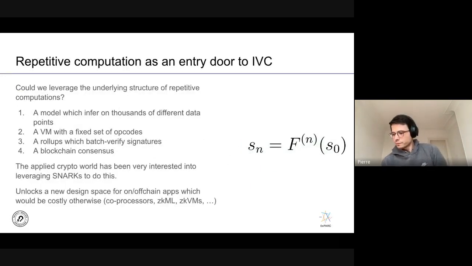Okay, so the entry door that has been taken to achieve IVC in the beginning is to say that we want to leverage the fact that we are going to perform repetitive computation, and that this is an advantage in terms of how to tackle this problem.